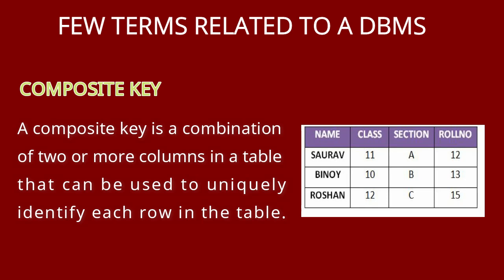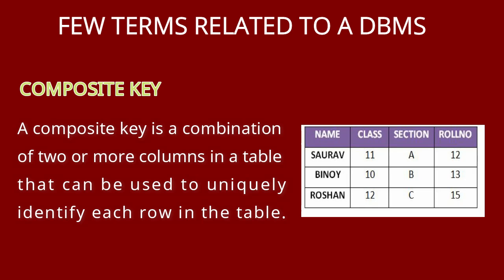Suppose I make roll number as the primary key. Then suppose I enter another person whose name is Bhaskar, who studies in class 9 section B, but his roll number is 12. It will not allow. But this is a genuine person.